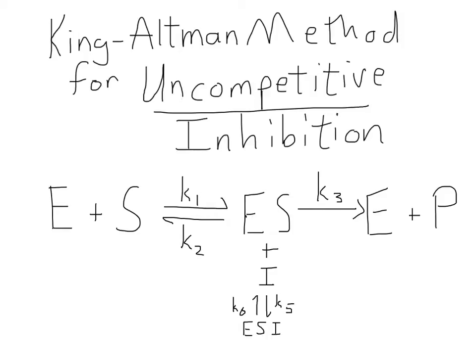Now you might be wondering why we have K1, K2, K3, and then we skip to K5 and then K6.